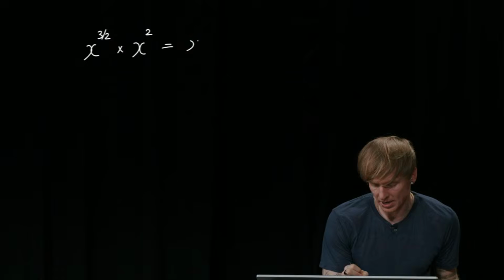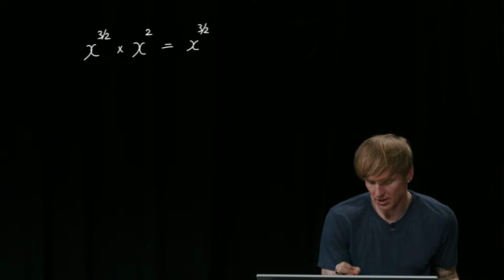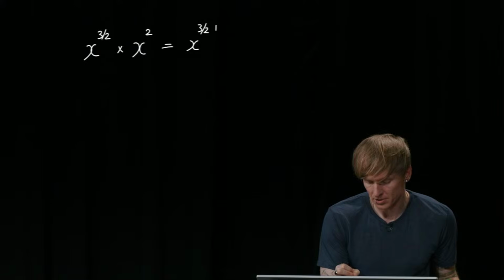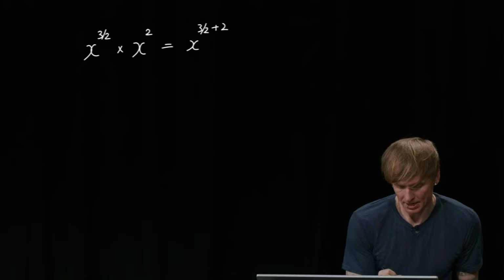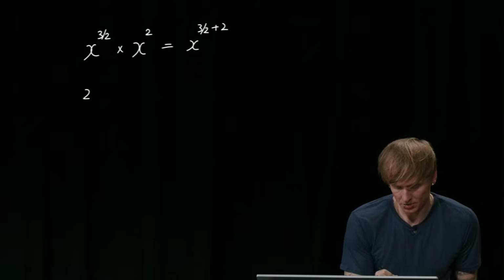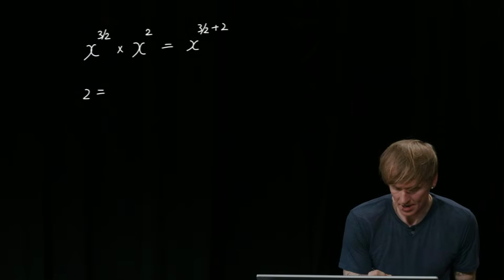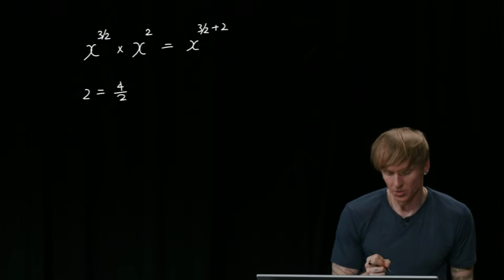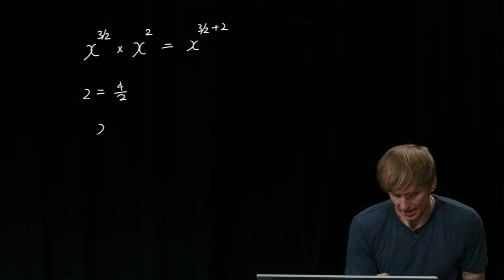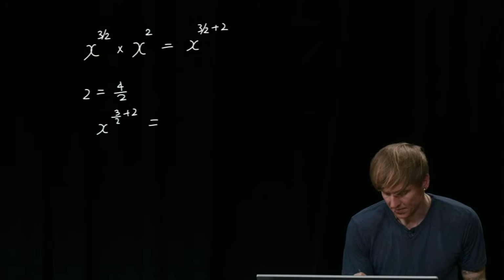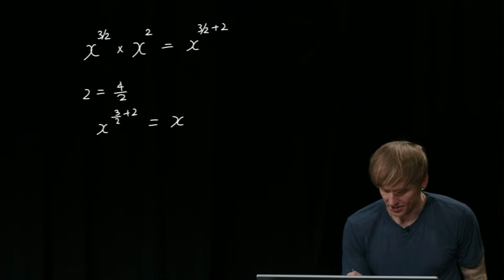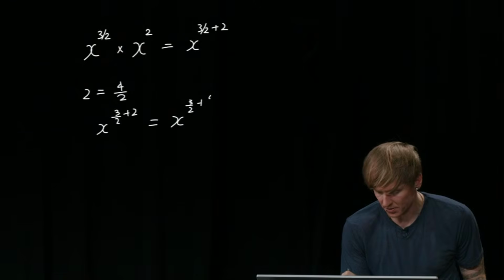So what we want to do really is say, well, that's x to the 3/2, and then we want to do plus 2. And then we can rewrite the 2 and say, well, 2 is just the same here as 4/2. And so therefore, x to the 3/2 plus 2 is in fact just x to the 3/2 plus 4/2.